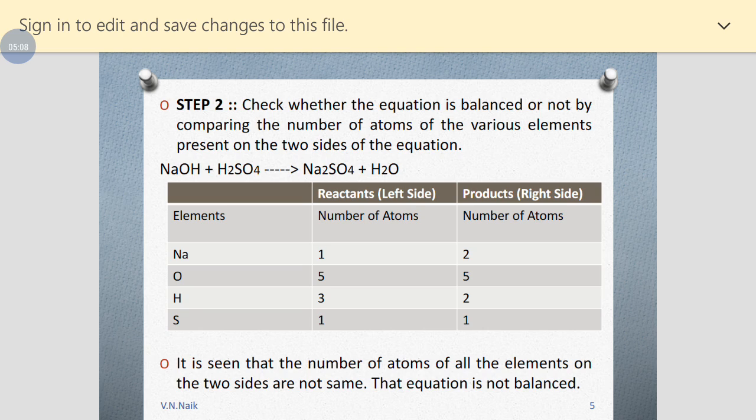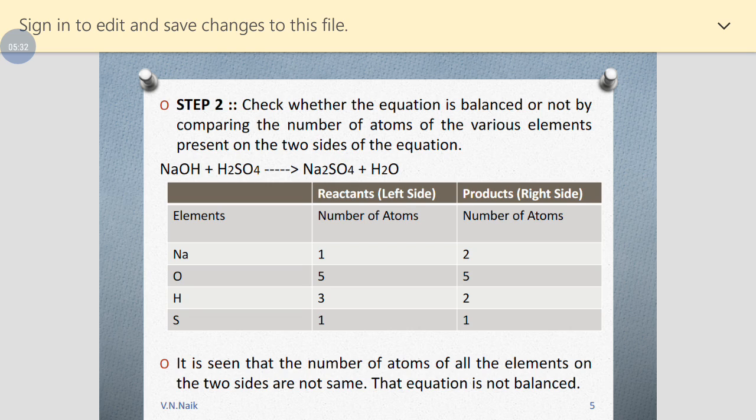So in this table the number of atoms of sodium in reactants is 1 while in products is 2, as well as the number of atoms of hydrogen in reactants is 3 while in products is 2.